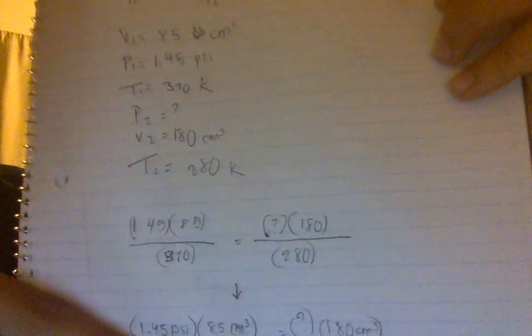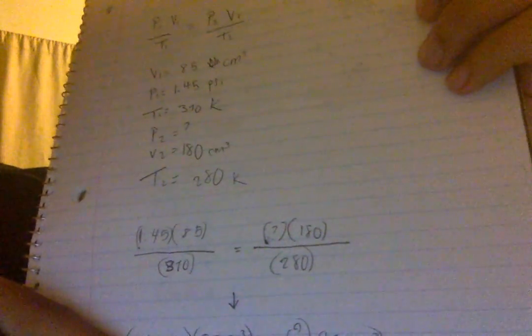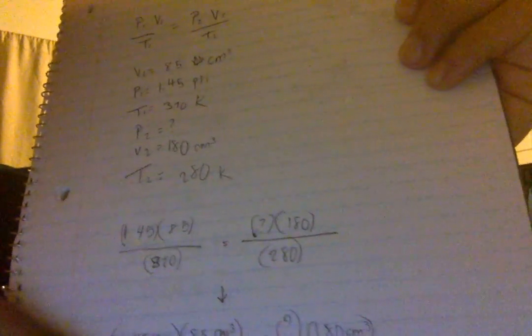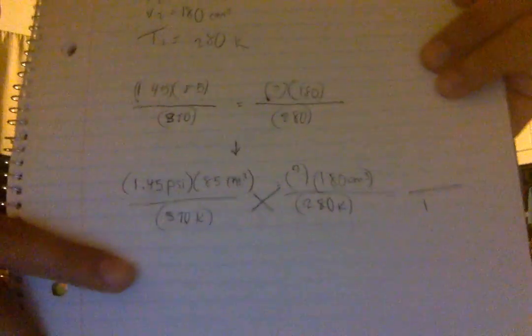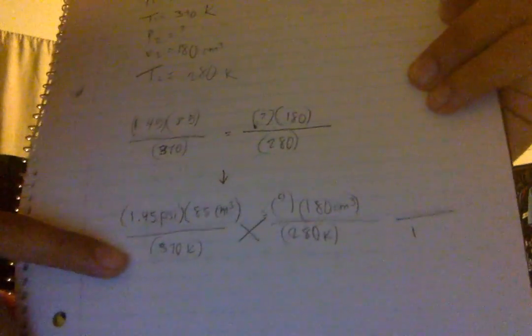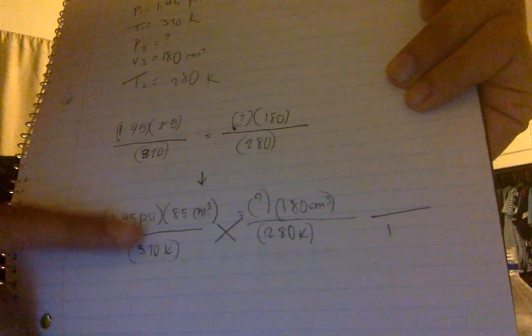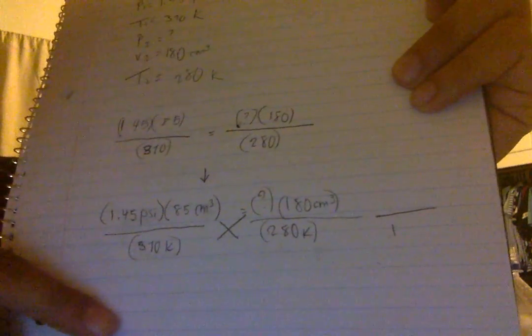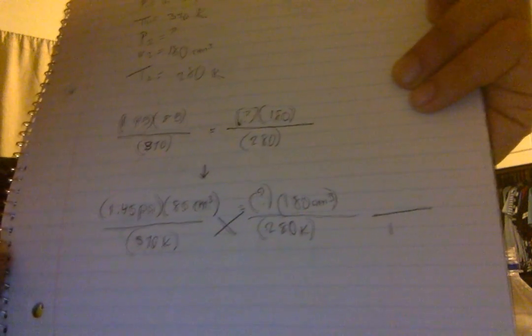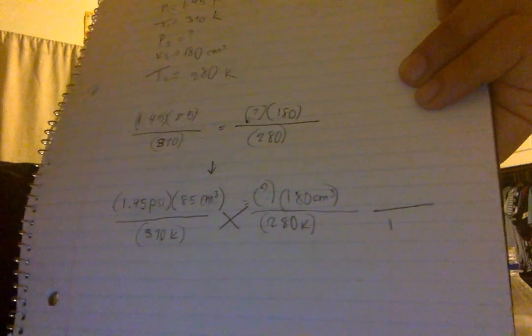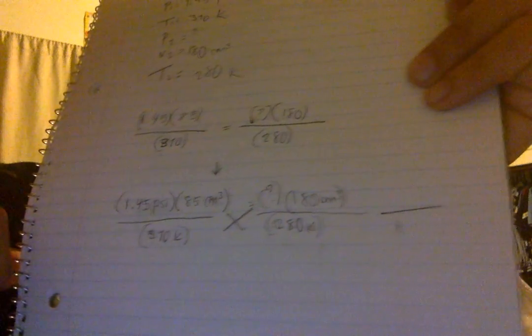You might think you can simply multiply across and solve for the question mark, but in reality you must have the abbreviations next to each number to signify that it's the correct variable.